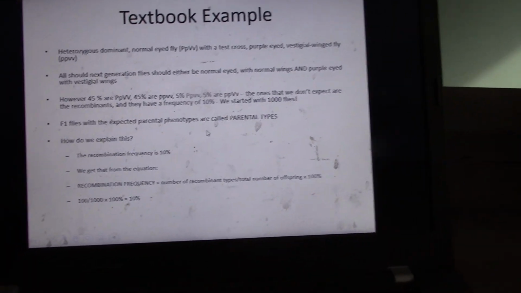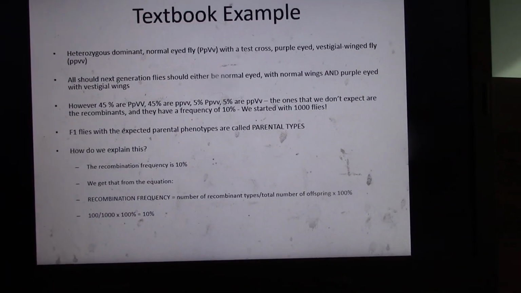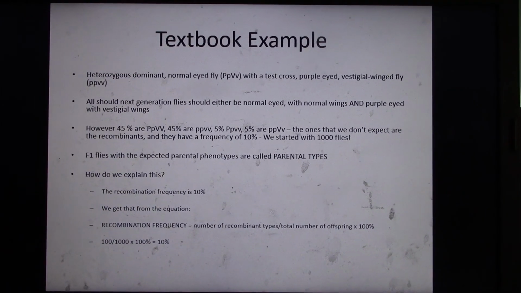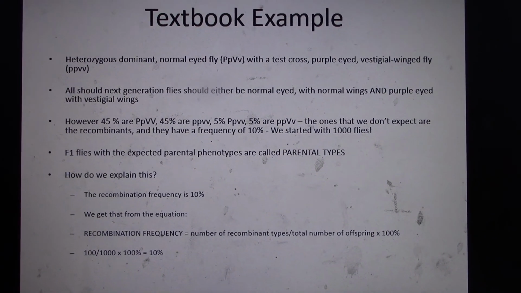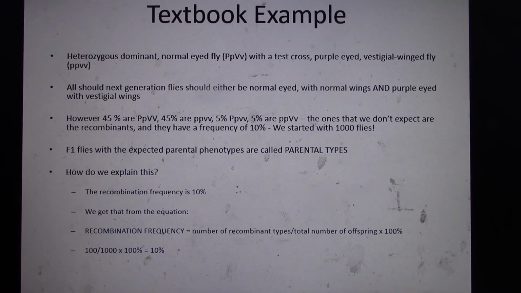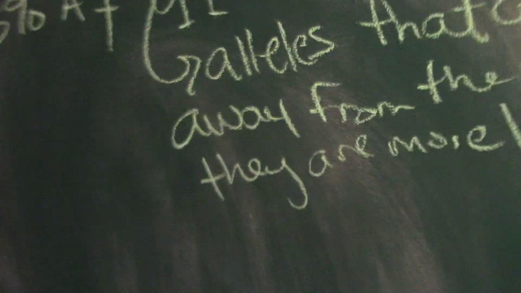Okay. So the first thing you need to know is the recombination frequency equation. Okay. So again, this just kind of walks you through in a textbook example, parental types and ratios that we should expect to find. So the recombination frequency, this is the simple way to look at crossing over.